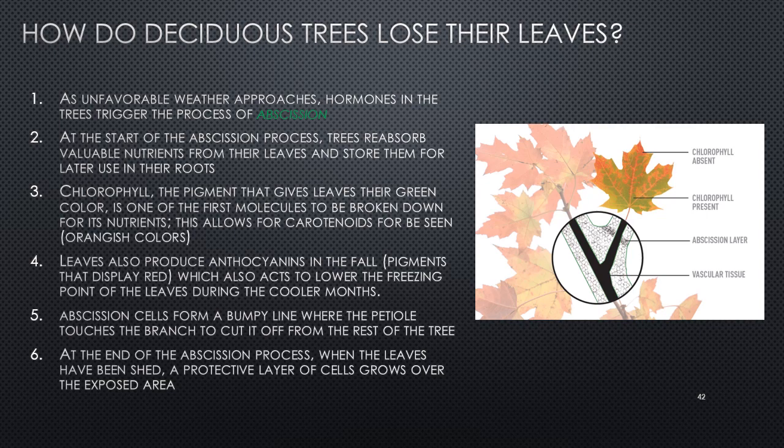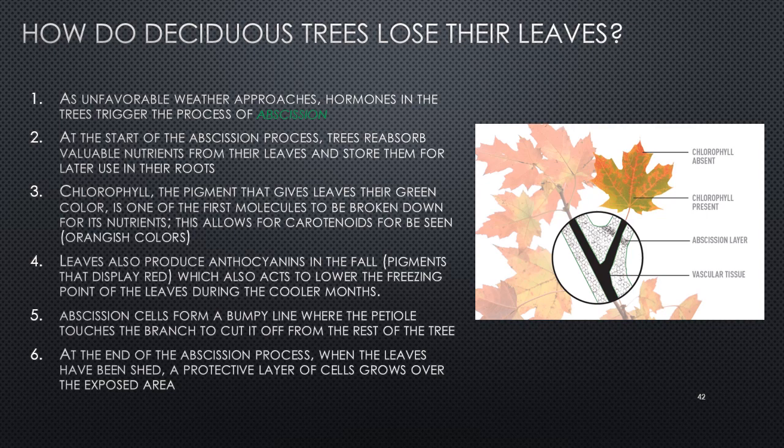So usually it will start by taking out the chlorophyll, and once they do that, the green comes out of the leaves, so you start to see the orange colors, and that's just because the carotenoids are left, or the anthocyanins. Those are different pigments that your leaves already have, but they're overshadowed by all the chlorophyll. So as those different pigments are starting to be reabsorbed, you start to get the beautiful colors that you're used to seeing.